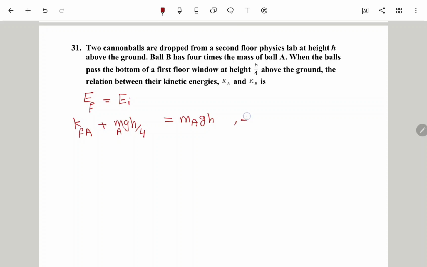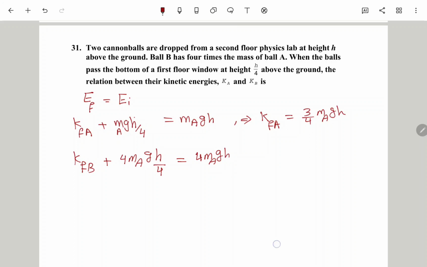And from this one here, the kinetic energy K_A is equal to, you move this back in here, you will get 3 over 4 m_A g h. Same rule for the other particle, the final kinetic energy of B plus 4 m_A g h over 4 is equal to the initial position, which is 4 m_A g h.